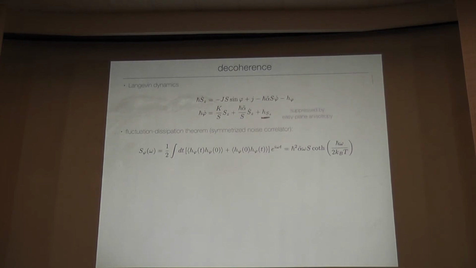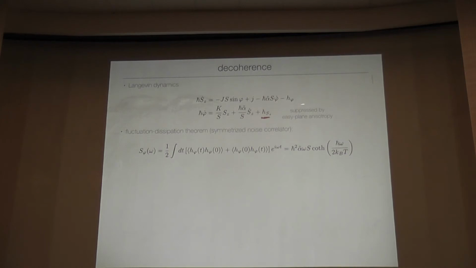And one notes here that this field causes the magnetization to fluctuate in the z direction, while this field corresponds to fluctuations within the xy plane. And due to the strong easy-plane anisotropy, this noise term is actually strongly suppressed compared to this term, which gives rise to fluctuations within the xy plane.